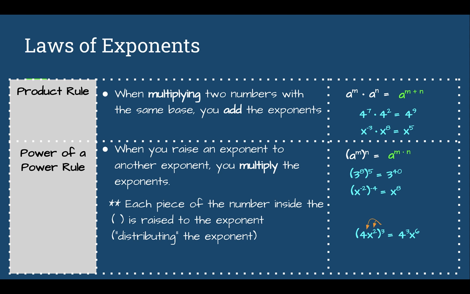So 4 to the third power, and then x squared to the third power would be x to the 6th. And then because 4 to the third power is not very large, we could multiply it out and say that 64x to the 6th. So if you happen to see more than one thing inside parentheses, take the exponent outside of parentheses and distribute it to every part inside.